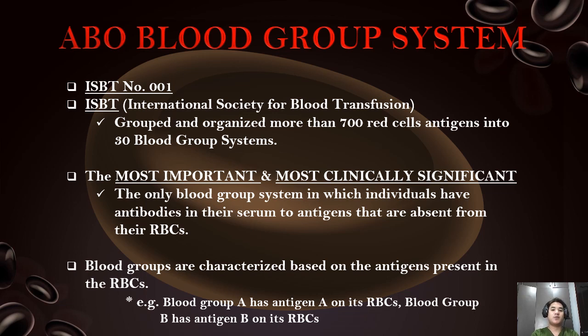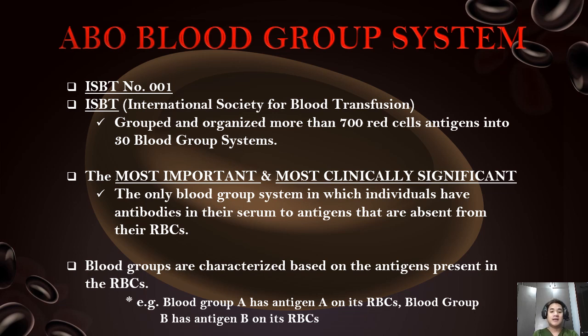We have more than 700 blood cell antigens that were grouped and organized by this association, and they grouped these into only 30 blood group systems. But among these 30 blood group systems, your ABO is the most important and most clinically significant of all the blood group systems in transfusion practice.